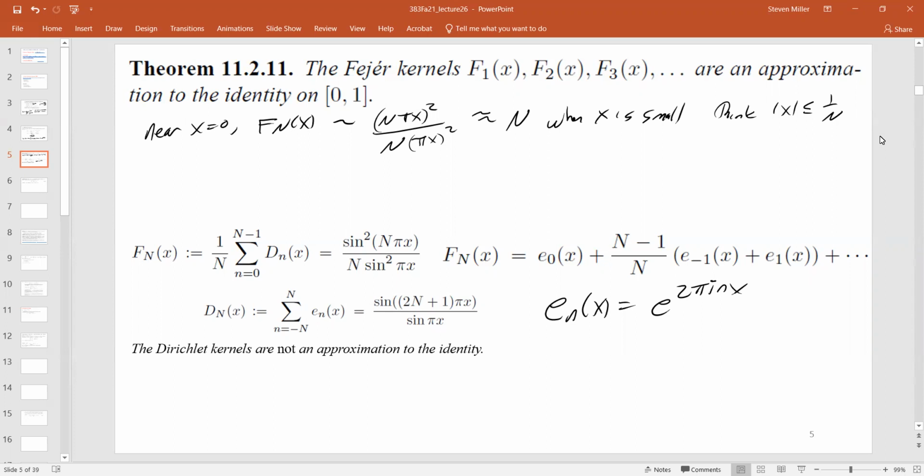When x equals 0. When x equals 1/2, it's actually its largest value. So the only problem is when x is near 0. As we get away from x equals 0, sine squared of pi x is going to be bounded from below, and this function is going to be nice. So you can put in the details and show that this really is an approximation to the identity.